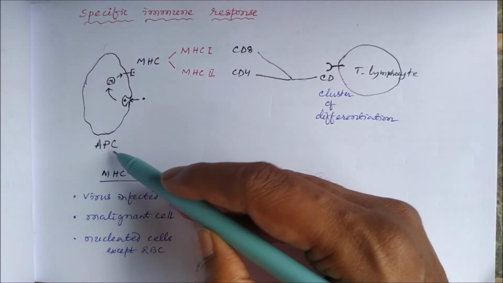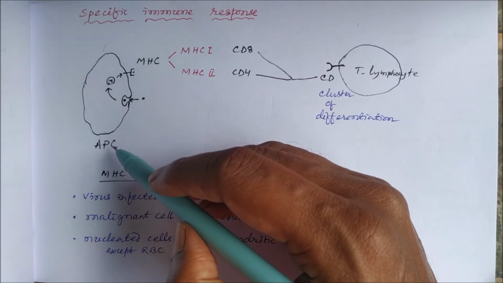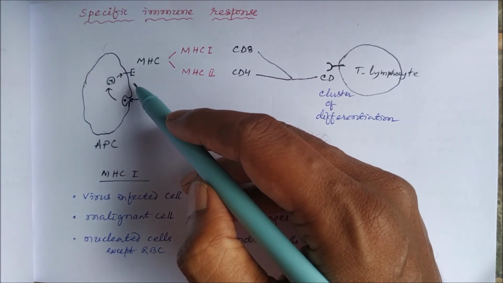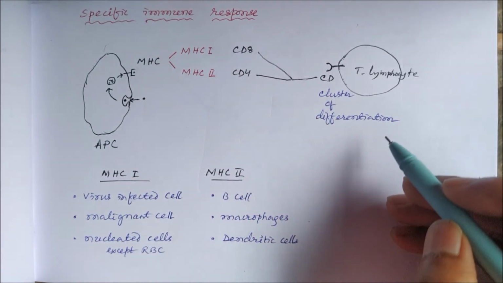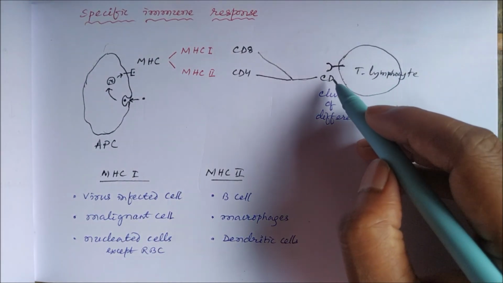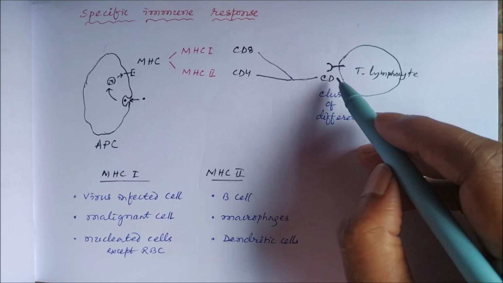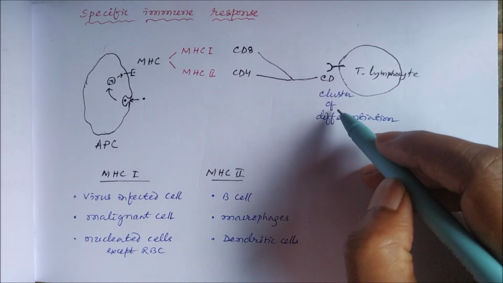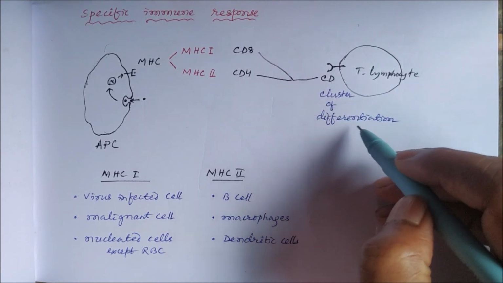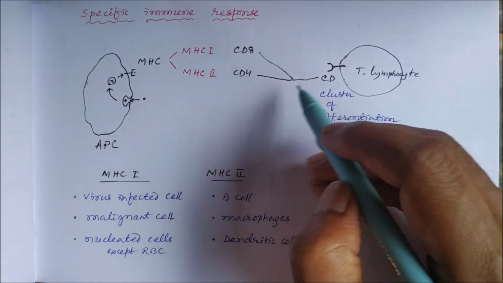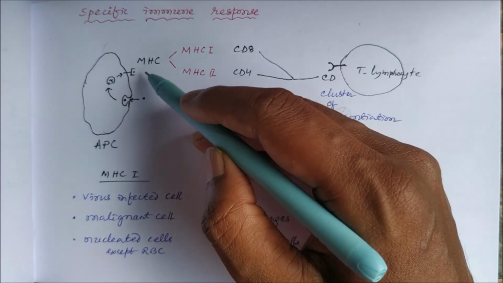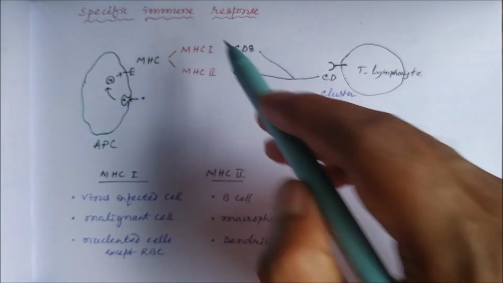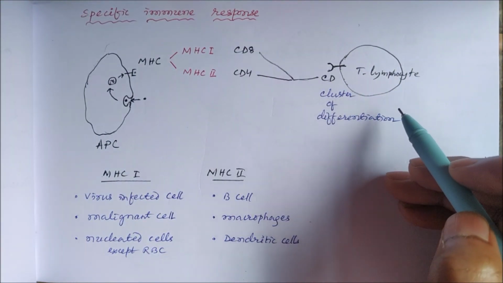So those cells are called antigen presenting cells because they present the antigen, and it is expressed through the major histocompatibility complex. Then the T lymphocyte expresses on its surface CD receptors, or cluster of differentiation, and these CD recognize the major histocompatibility complex and then proceed to develop the specific immune response.